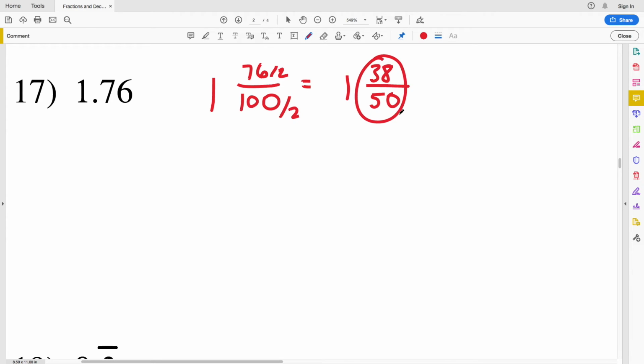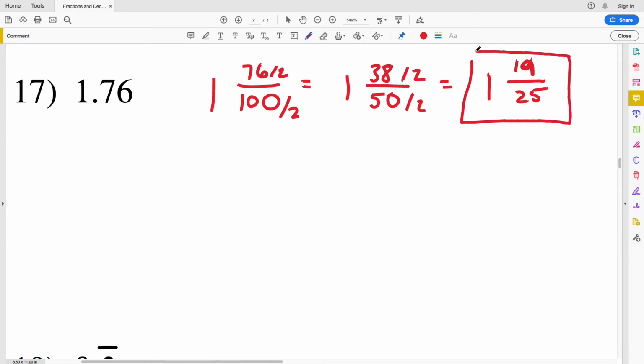Now look, they're still both even, so I didn't pick that greatest common factor. So now I'll divide them by 2 again. Dividing 38 by 2 and dividing 50 by 2, I'll have 1 and 19/25ths, which 19 is prime. 19 and 25 do not have any factors in common, therefore 1 and 19/25ths is my solution for number 17.